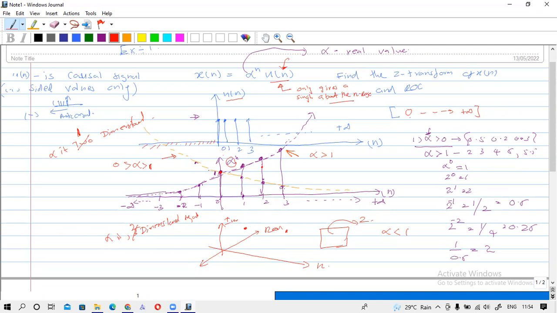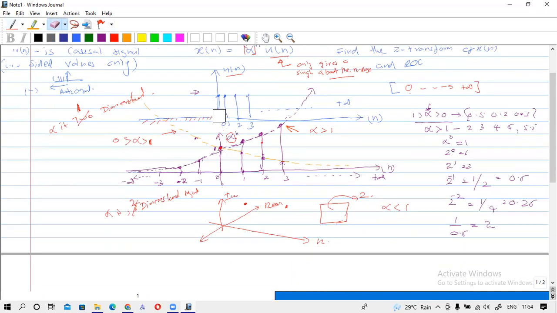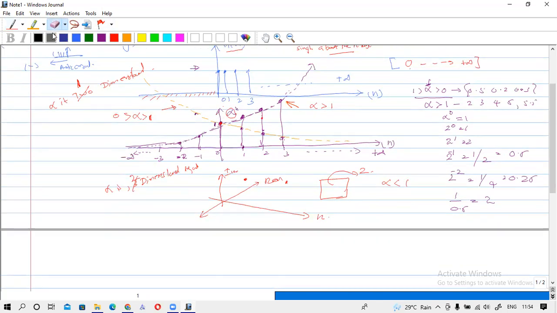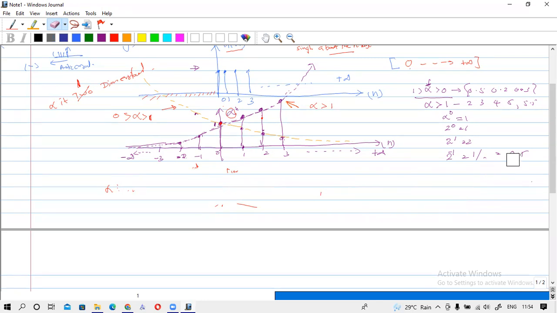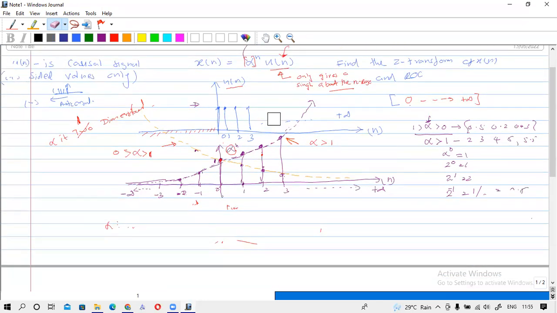You can notice that when we are given this kind of signal, we are always told that alpha is a real value. So for our example, this knowledge is not very important, because we are already given that alpha is a real value.